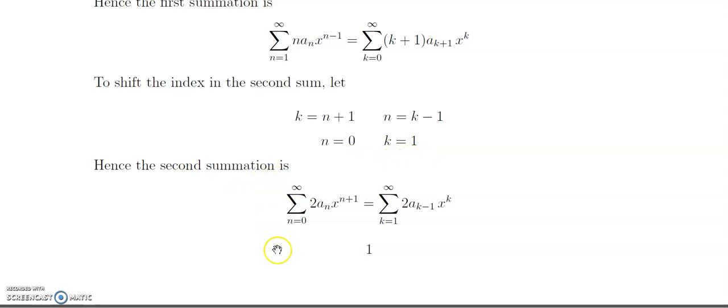So the second summation, which is the sum of 2 times a n times x to the n plus 1, where n goes from 0 to infinity, can be written in this form: the sum of 2 times a sub k minus 1 times x to the power k, where k goes from 1 to infinity. We substituted n equals k minus 1.